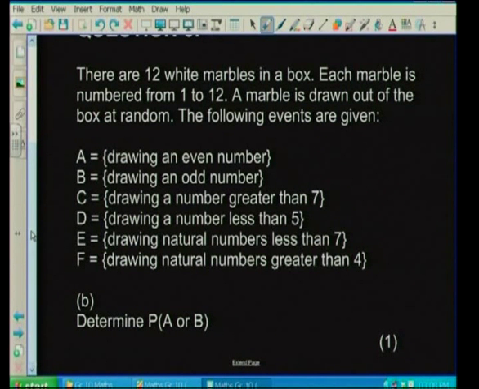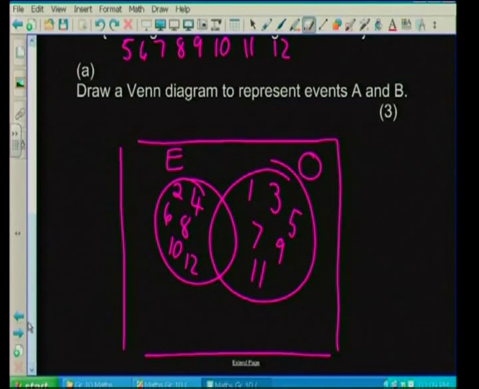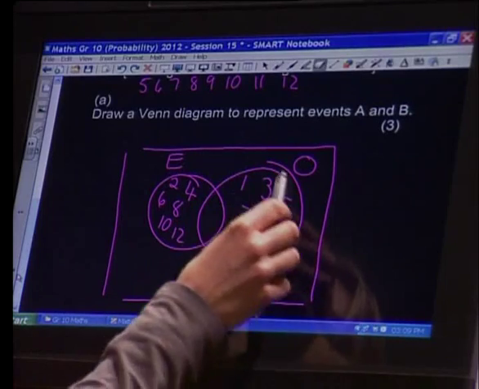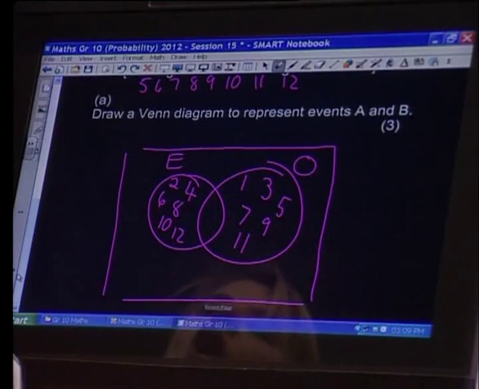Let's have a look at the next question. The next question asks us to determine A or B. Right, guys? Or I am looking at the union and I'm going to remember to plus. So that means all of the events in A plus all of the events in B. Now, if I have a look back at my Venn diagram, it means everything in even and everything in odd added together.